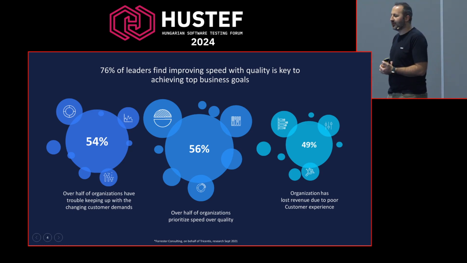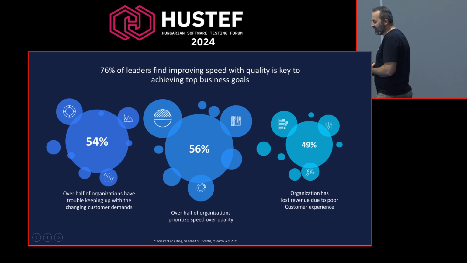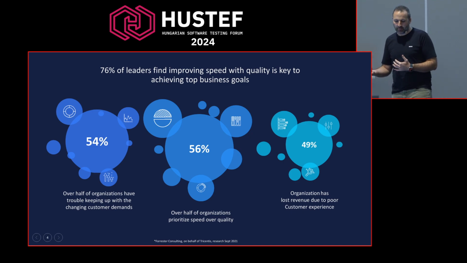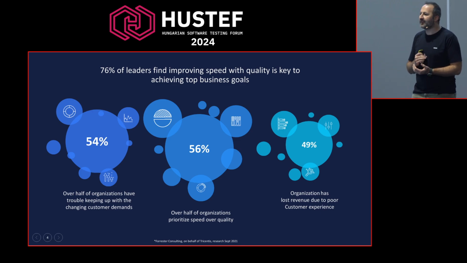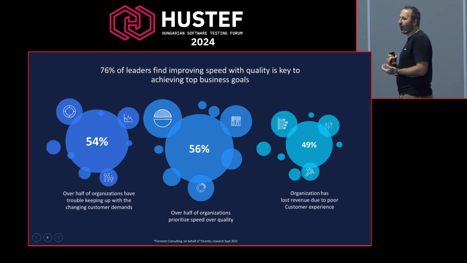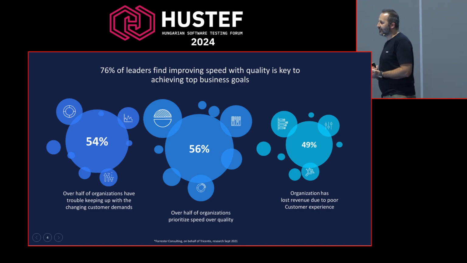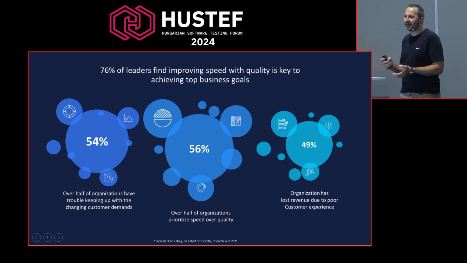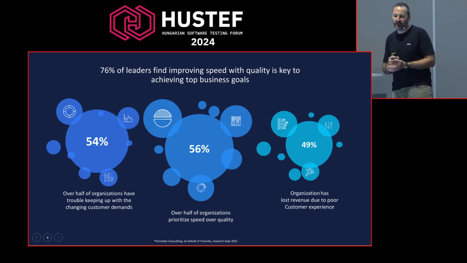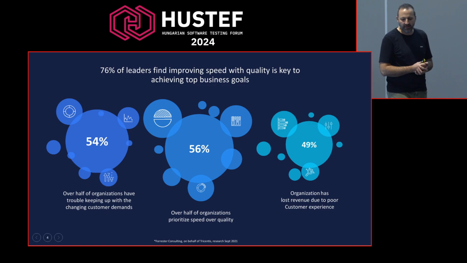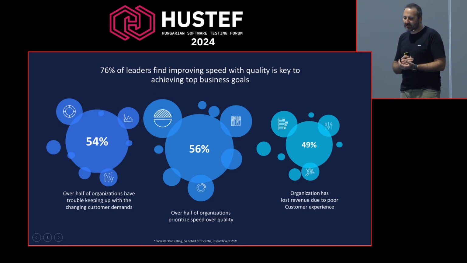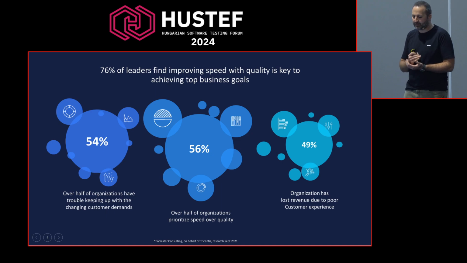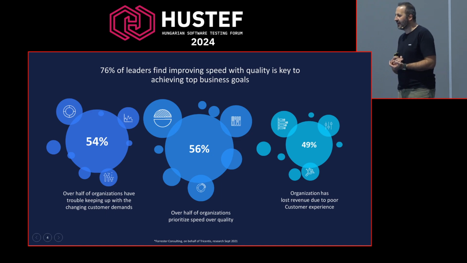Everybody faces the issue: customers are changing the requirements, and we need to keep up with it. More than half of the organizations are prioritizing speed over quality, which means that we are sometimes sacrificing quality to make sure that we are delivering the product to the customer. And around half of the organizations reported that they lost money because of quality.